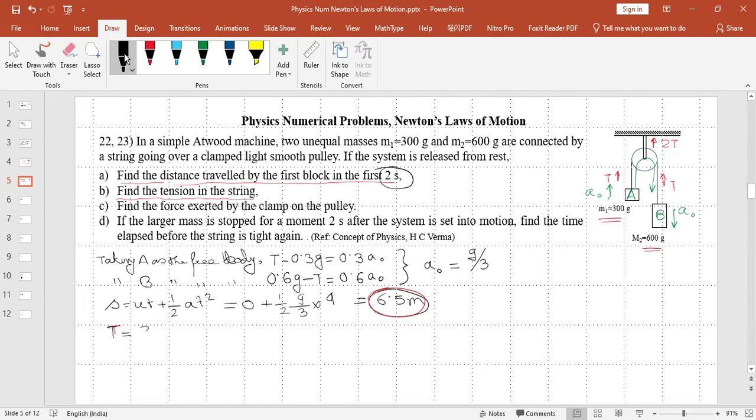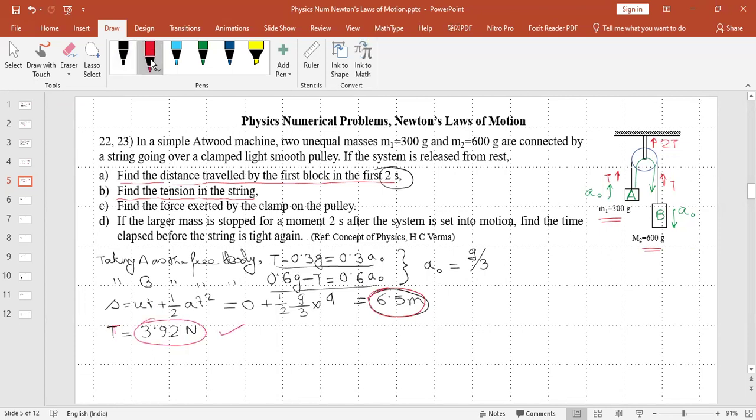T you will find is 3.92. Because a0 is known, from either equation you put the value of a0, you will find the tension T. T is 3.92.